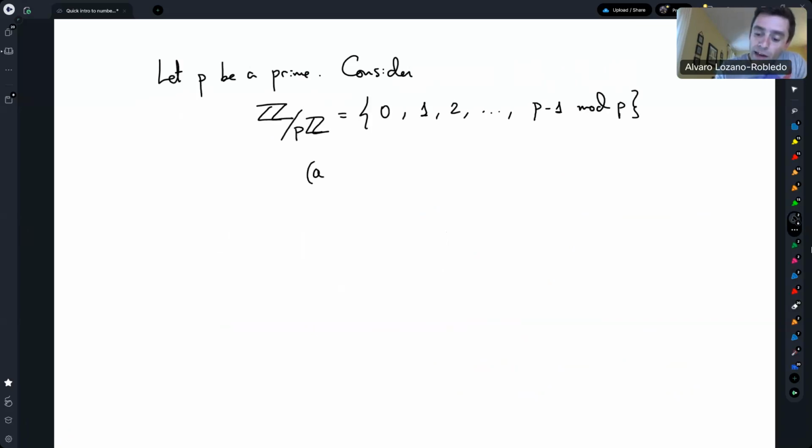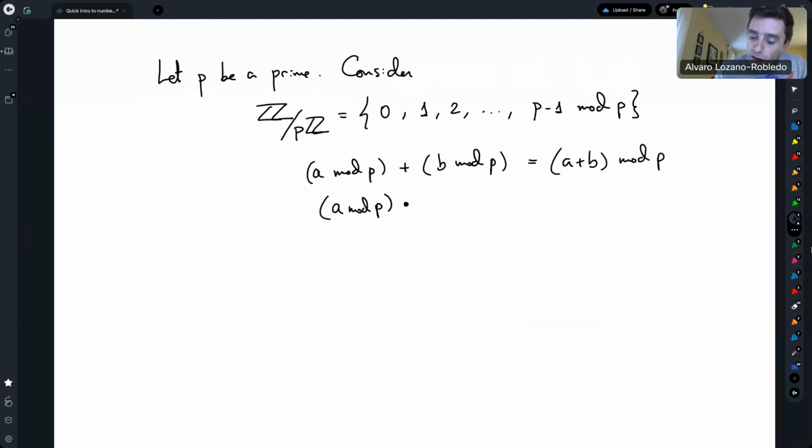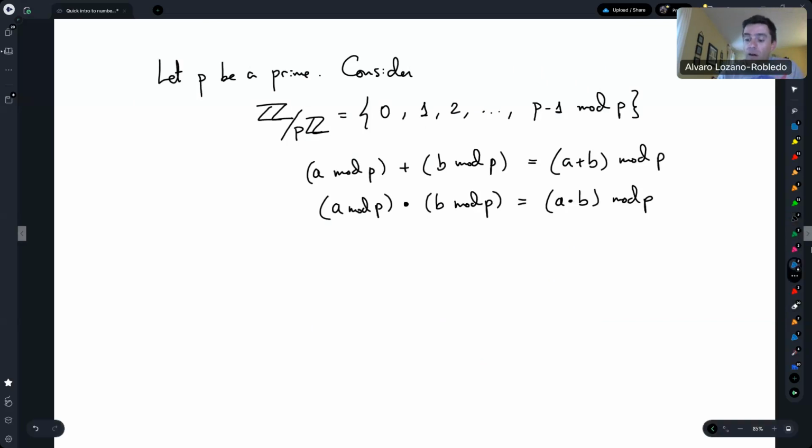Remember that A mod P plus B mod P is A plus B mod P. And similarly, A mod P times B mod P is A times B mod P. So there is an addition and multiplication, because the addition and multiplication are essentially addition and multiplication in the integers.